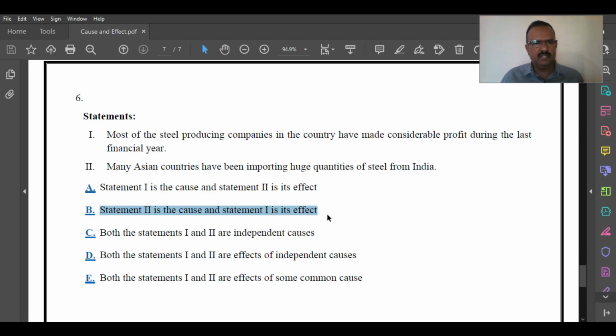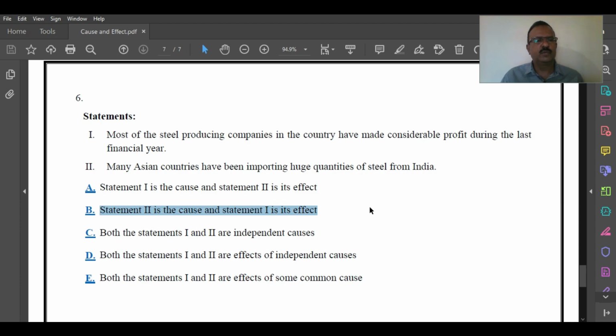Many Asian countries have been importing huge quantities of steel from India. So when they start importing the steel from India, automatically it is understood that most of the steel producing companies in our country will naturally make considerable profit during the last financial year.